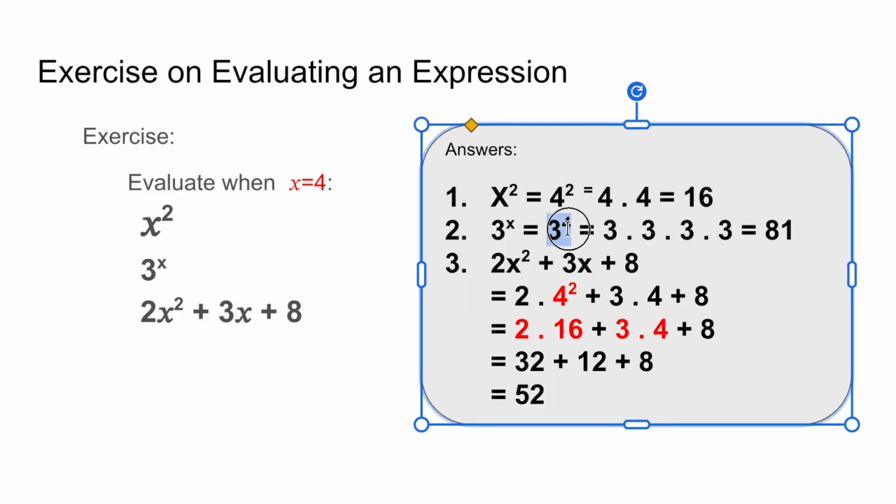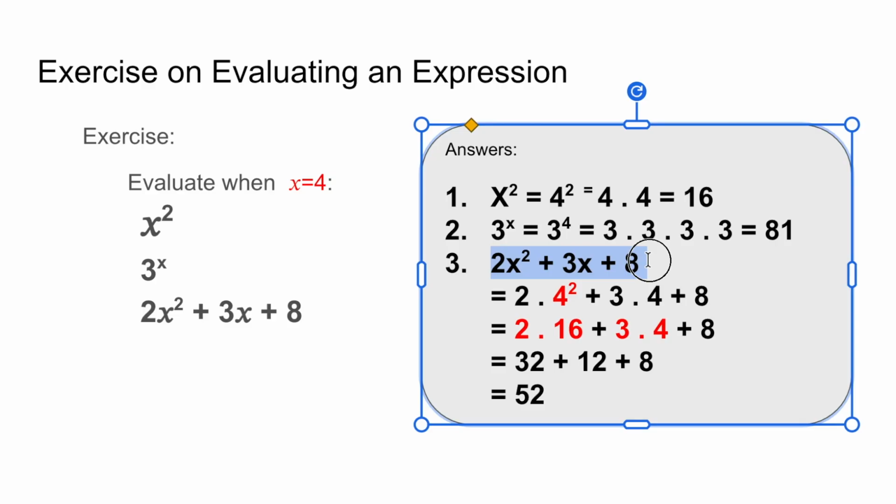Same way here, we have to multiply 3 by itself 4 times: 3 times 3 times 3 times 3. That is what 3 raised to the power 4 means, which is 3 3s are 9, 3 9s are 27, 3 27s are 81. That is the notation for exponents. We are trying to learn what exponents are here.